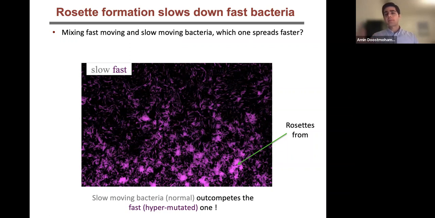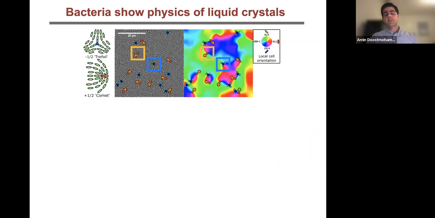So here our challenge was to explain why these rosettes form, because to us, if we could explain why rosettes form, then that would explain why the fast-moving one gets stuck in these rosettes and cannot invade further. So we started looking closely at the organization of these bacteria, and we looked at the orientation.